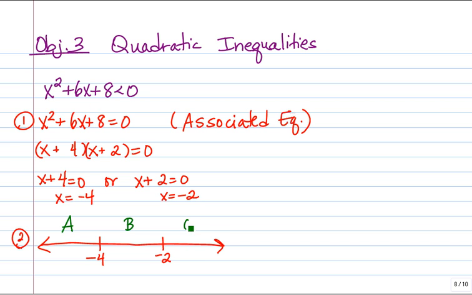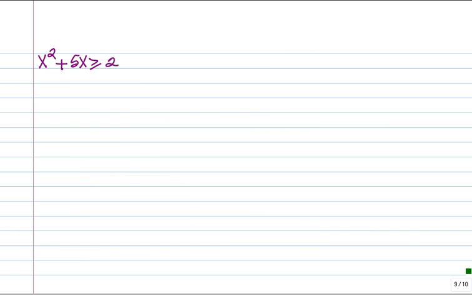So what I do in step 2 is put the numbers on the number line. So we're going to place the solutions on the number line. And then what we're going to do is test a point from each region. So in step 3, oops, I have another equation there.